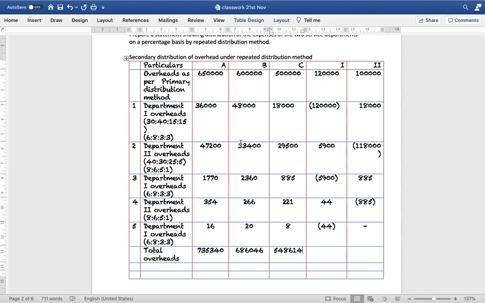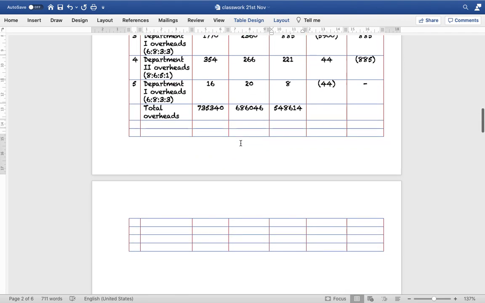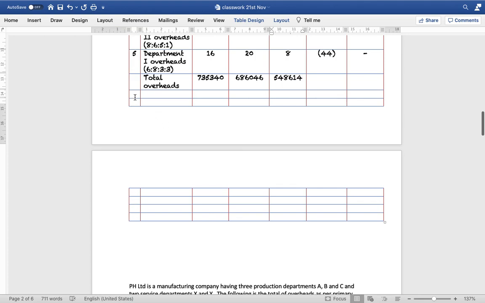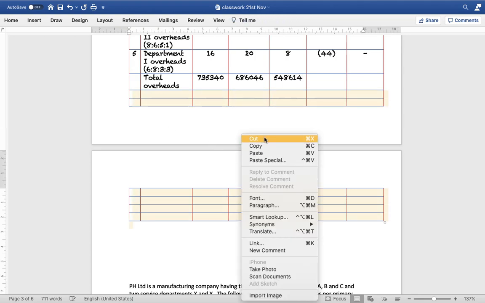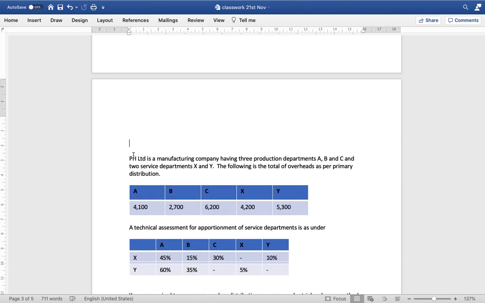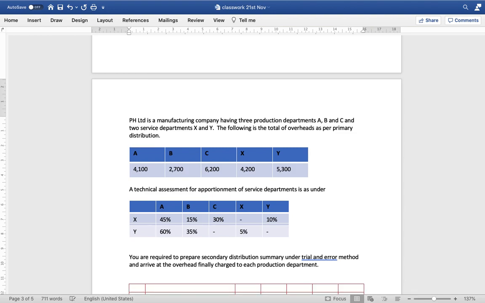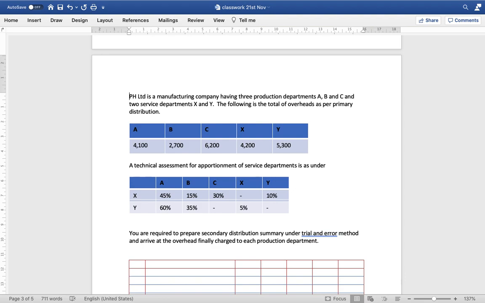Next we are going to see trial and error method. So PH Limited is a manufacturing company having 3 production departments A, B and C and 2 service departments X and Y. The following is the total of overheads as per primary distribution A, B, C, X, Y. So A is 4,100, B 2,700, C 6,200, X 4,200 and Y 5,300.